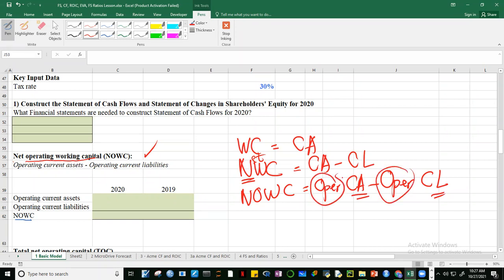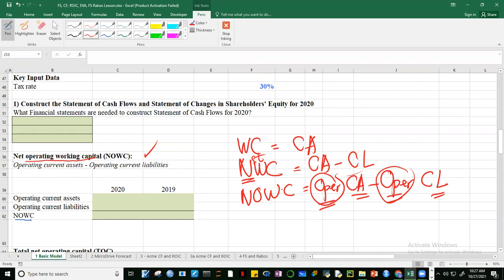Because there are assets that are more financing in nature. So we're just interested in operating, because the bottom line here is that we would want to assess the performance of operations. If we're going to assess operations, then we should distinguish it from the financing activities, and we should not charge operations with items that are beyond their control.